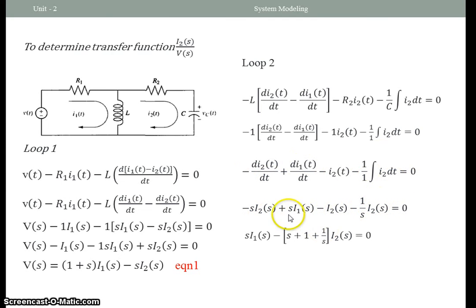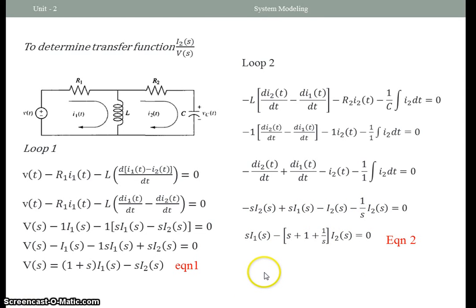If you will notice, we have three terms with I2 of S, and they are all negative. We can factor out the negative in I2 of S, so we will have this form, and we have also I1 of S, which is positive, and all of this is equal to 0. And let us call this our equation number 2.